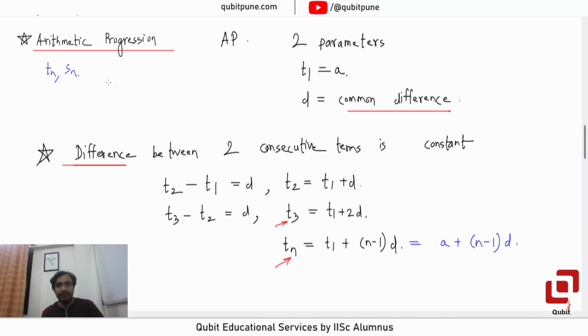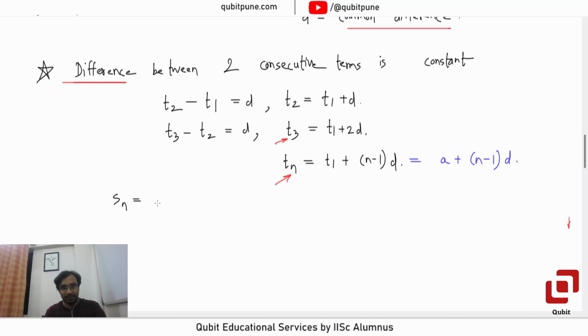And similarly, we can also get a formula for Sn, which means the sum of first n terms of an AP. Does anyone know the formula?